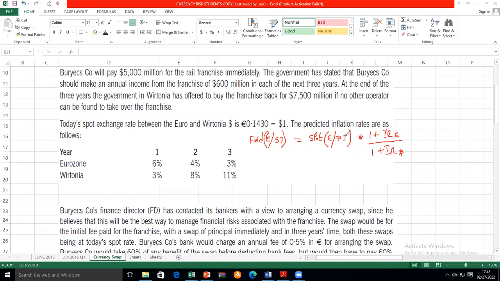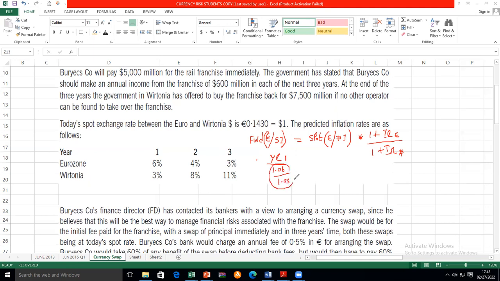So this is how you arrange everything. So the euro will be on top. For year one, you're going to multiply by the factor, the euro 1.06 over 1.03.